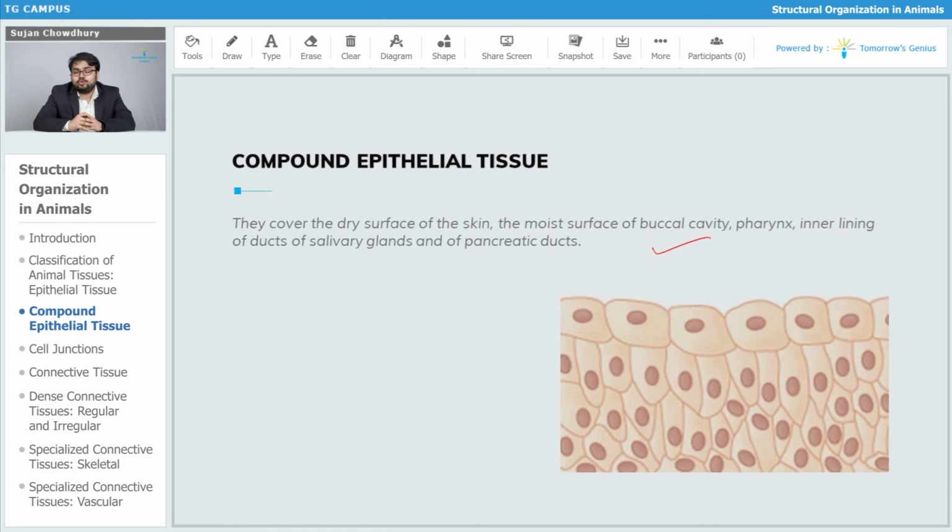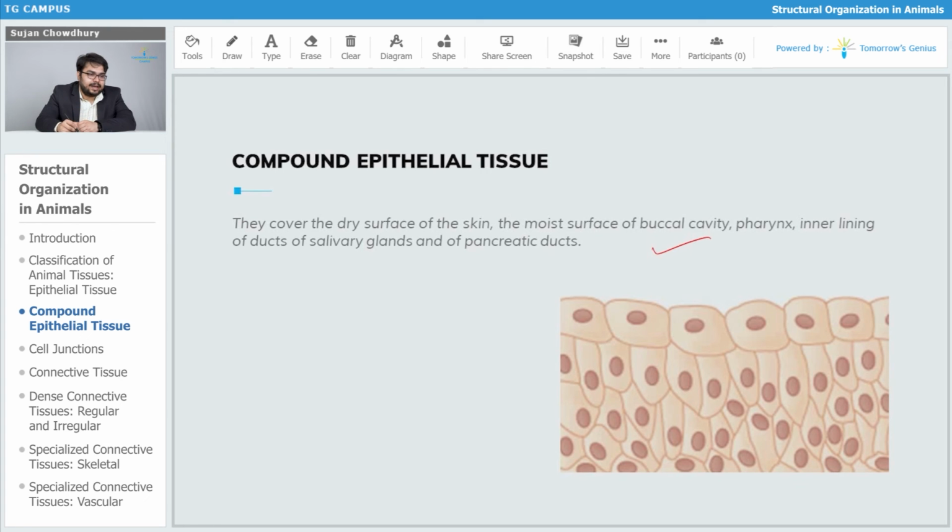When we have soup, we drink it at a comparatively hotter state, whereas when we have an ice cream, we take it at a comparatively colder state. From these variations, the sensitive inner organs of the mouth cavity can be damaged. So to protect them, compound epithelial tissue is observed in the moist surface of the buccal cavity.